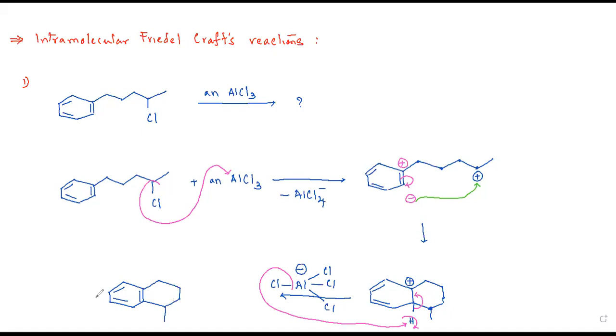And the byproducts that we get here are HCl, along with that the Lewis acid, AlCl3. Okay, so this is a very good example for an intramolecular Friedel-Crafts reaction.